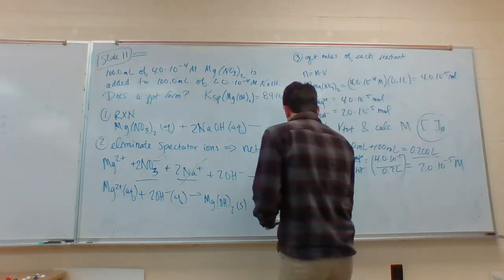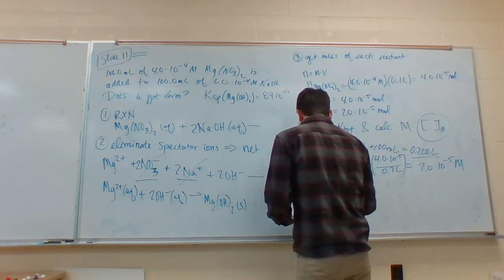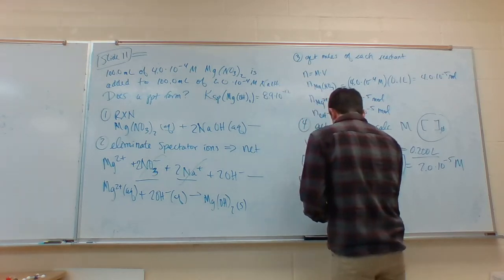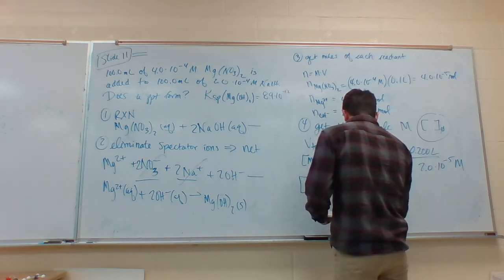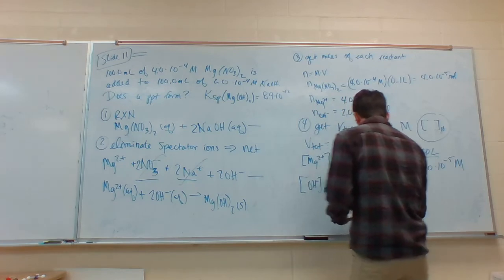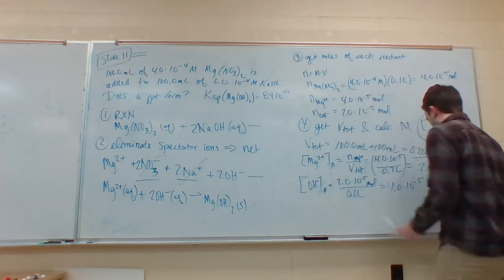Similarly, we can get our initial concentration of OH- by saying 2.0 times 10 to the negative 5th moles divided by 0.2 liters, which is equal to 1.0 times 10 to the negative 5th molar.